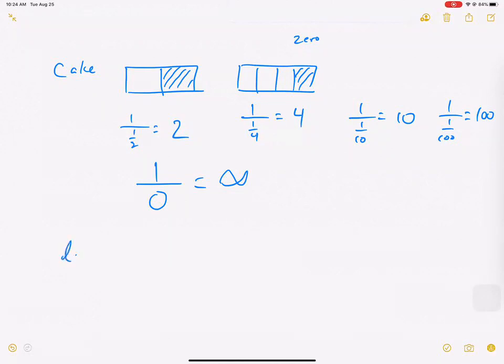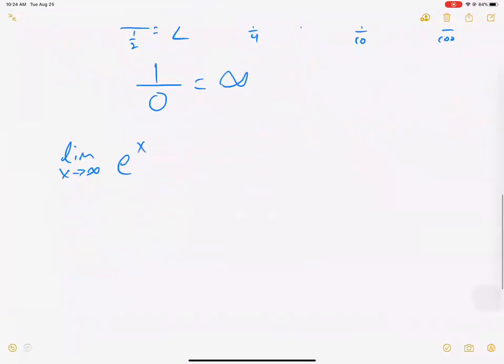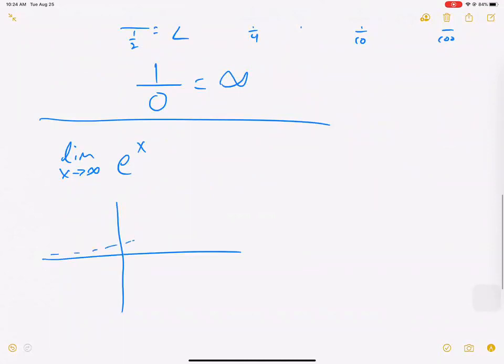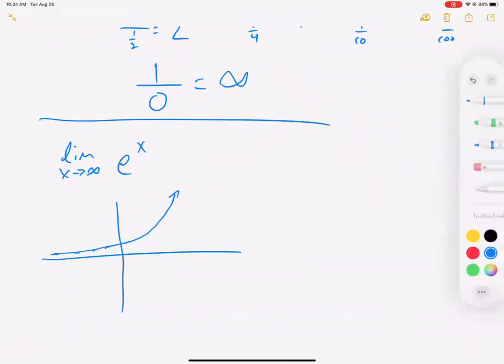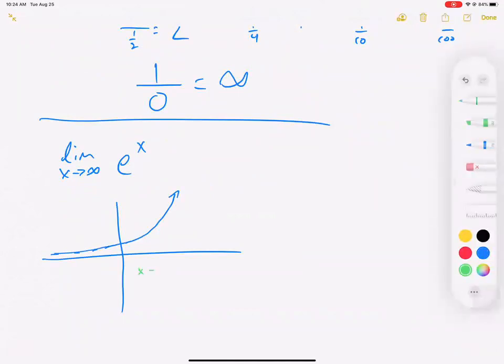If I ask you, what is the limit as x approaches infinity of e to the x? Now, let's describe this graph as an exponential graph that shoots off to infinity. So as x approaches infinity, right, and this is x going to infinity, what happens to the y value?